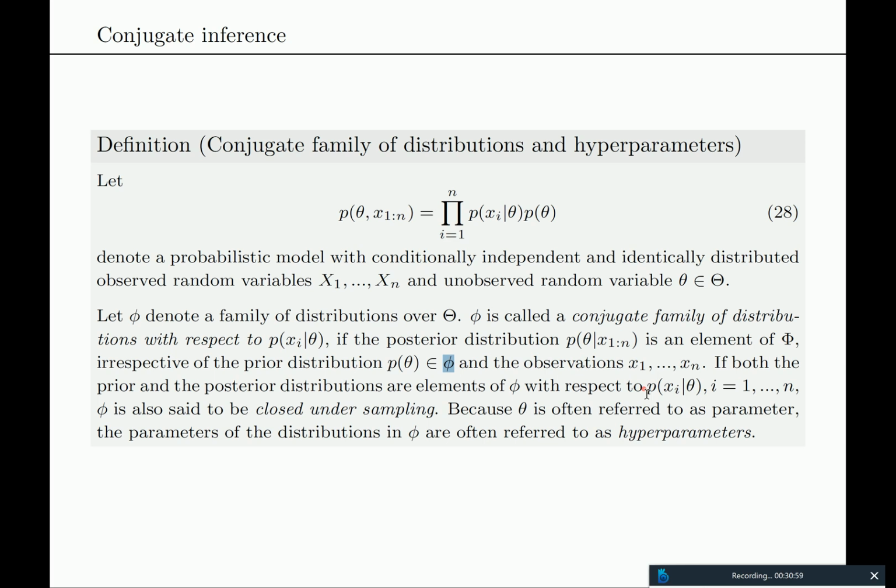But this is the idea of conjugacy, so that you have a prior, and of course this needs the right likelihood, so this doesn't happen with any likelihood, so this is why conjugacy is with respect to some likelihood. But then your posterior distribution is again of the same type as your prior distribution. And this is also referred to as closed under sampling. Of course, the sampling here is the sampling of the data, not sampling of a parameter.